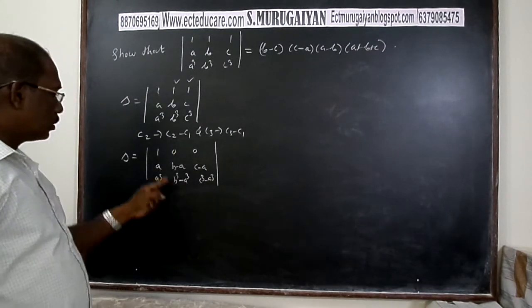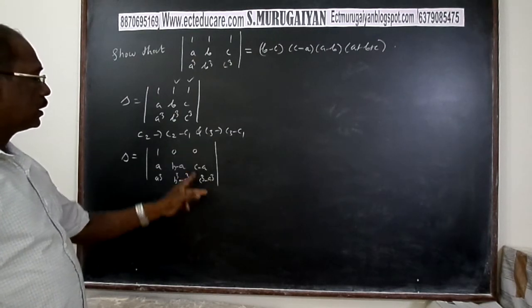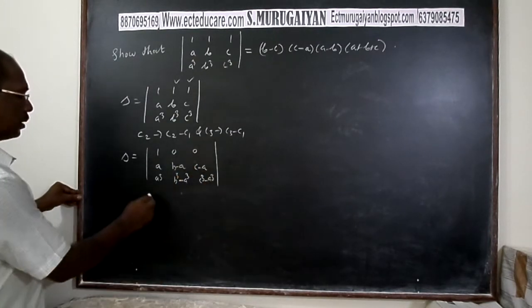From C2, B minus A can be taken as a common factor, and from C3, C minus A is a common factor.